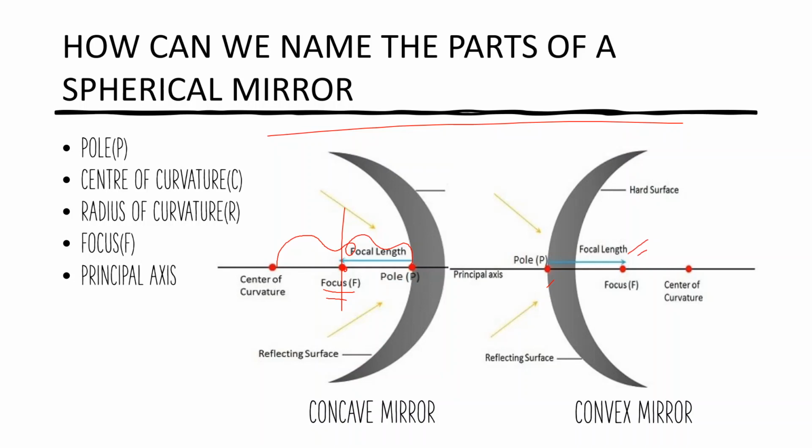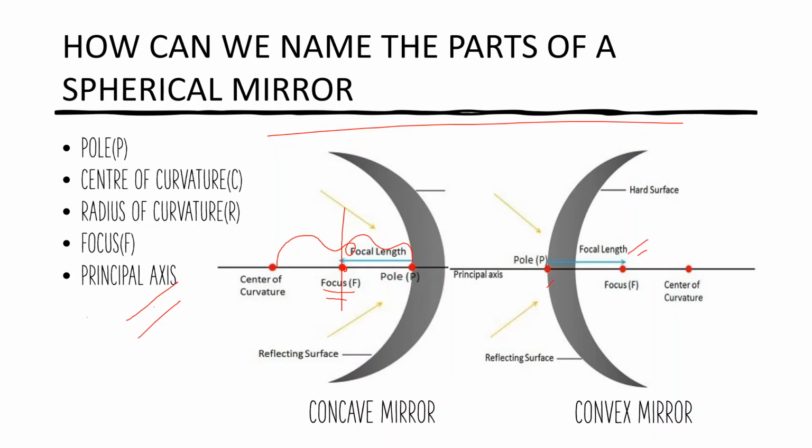I thought to name it the principal axis. To define it, the line passing through the center of curvature and the pole of the mirror, through the focus of the mirror, is called the principal axis.